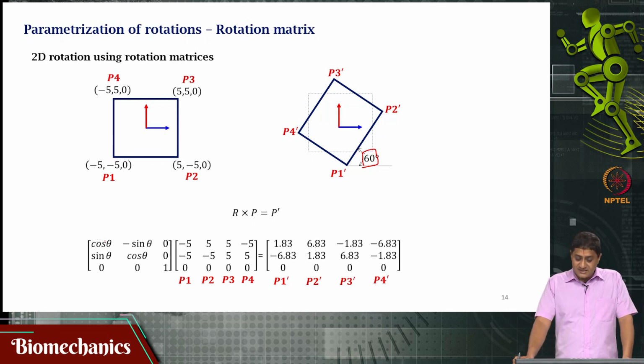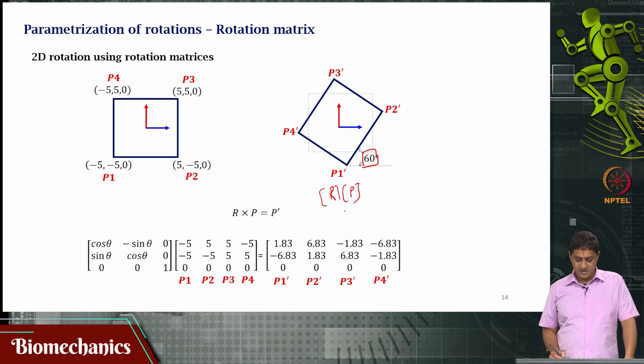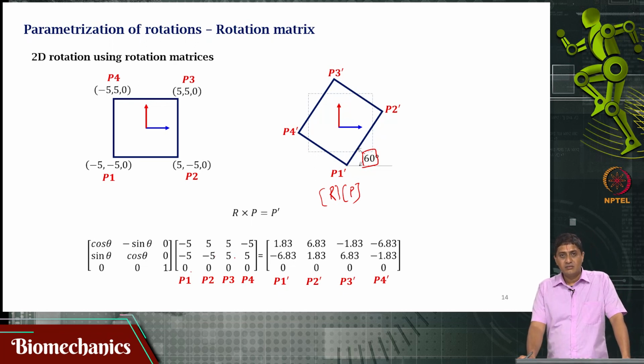Okay. So, theta here is 60 degrees and I am substituting for theta here. I am interested in finding the new points. The method is: the new point coordinate is the rotation matrix times the point vector p, that would be minus 5 comma minus 5 for point 1, 5 comma minus 5 for point 2, 5 comma 5 for point 3 and minus 5 comma 5 for point 4.